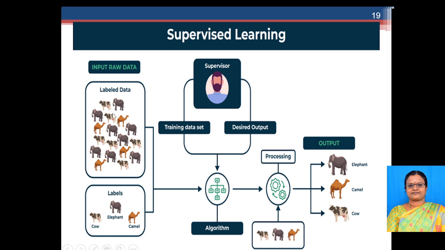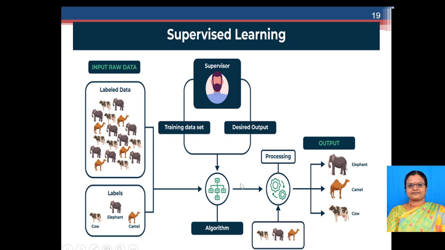So here I have a set of raw data which comes with some labels. Both the data and the labels have to be given to the algorithm. Again, with the intervention of a human, who provides this set of information like the training data set and expected output, the algorithm has to do the processing. Then I give a set of inputs for the testing part.